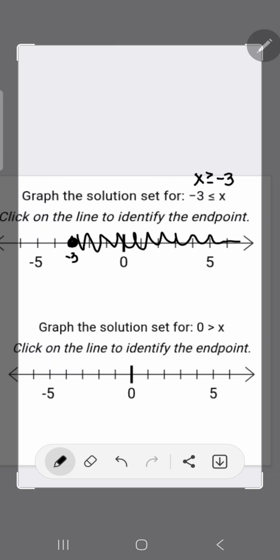My arrow is pointing right because x is greater than -3. For the last one, we put x on the left, keep the point going with it, put the 0 on this side. So it's going to be an open circle on 0 because there's no equal sign, and we will be going to the left because it's less than and the arrow is pointing left.